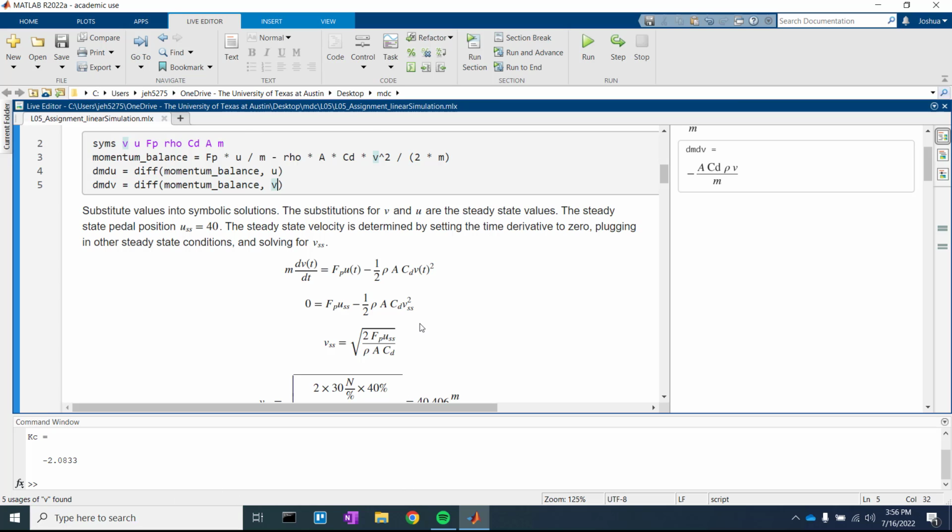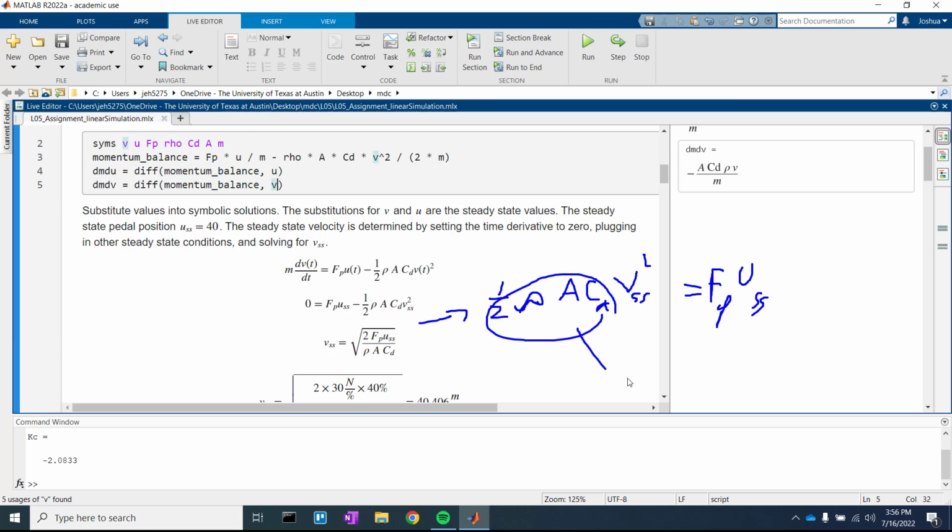What's going to happen is we're going to have 1/2 rho A CD v_ss squared is equal to F p u_ss. Then we take all of these and we divide them over, and then we take the square root of this, and that's how we get this function that appears right here.